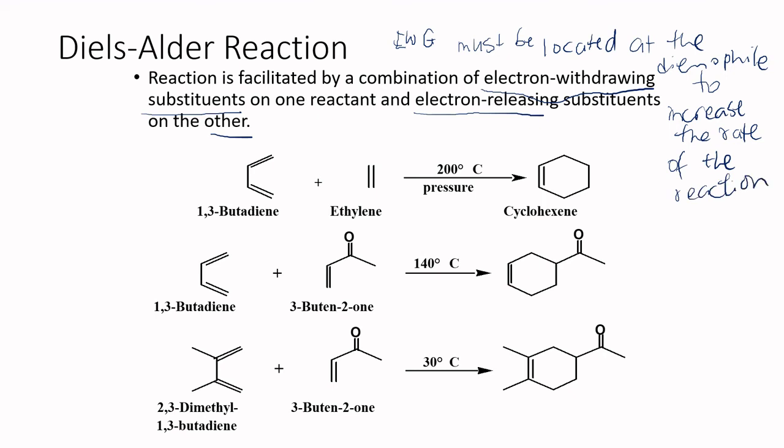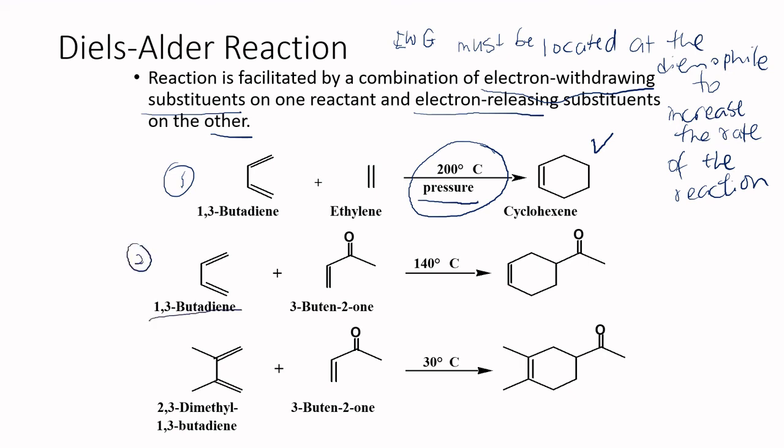Okay, let's look at the first example here, we have 1,3-butadiene. When we react it with ethylene, this ethylene does not have any substituent. It will give us a cyclohexene. And if you look at the condition, it is 200 degrees Celsius and it also needs pressure to carry out this reaction. Okay, now let's have the same 1,3-butadiene.